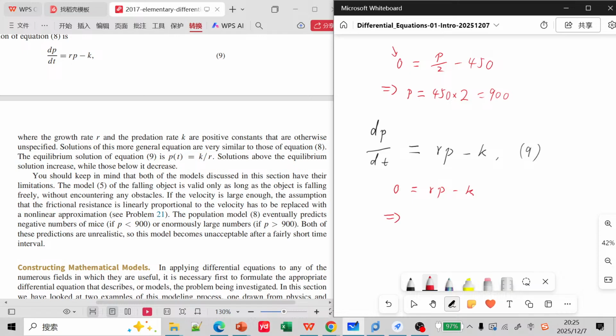Then we get P is equal to K over R, where R and K are positive constants. Solutions above the equilibrium solution increase, while those below it decrease.